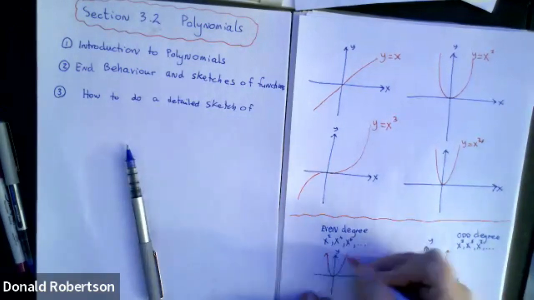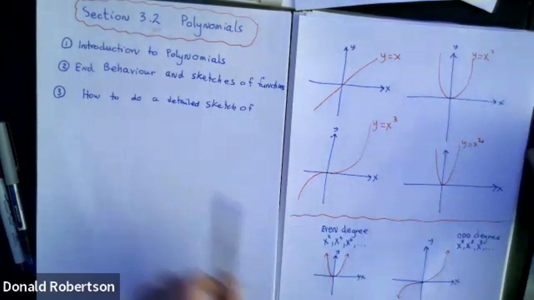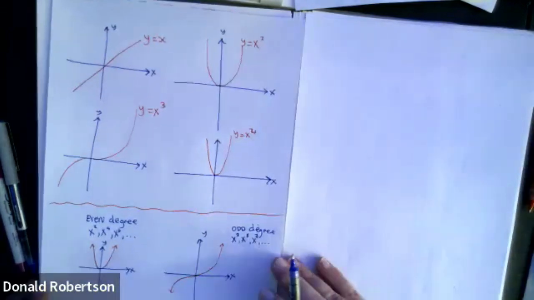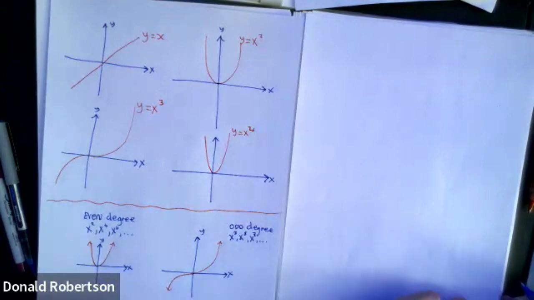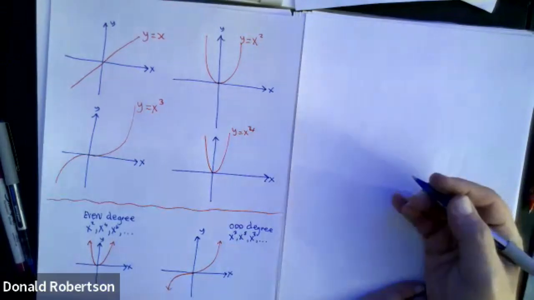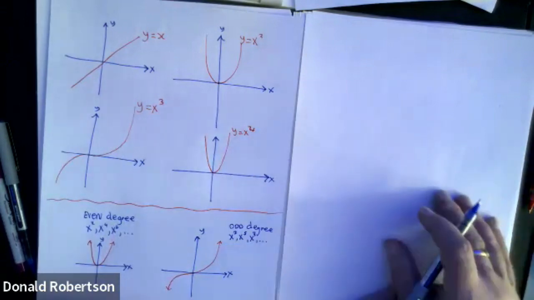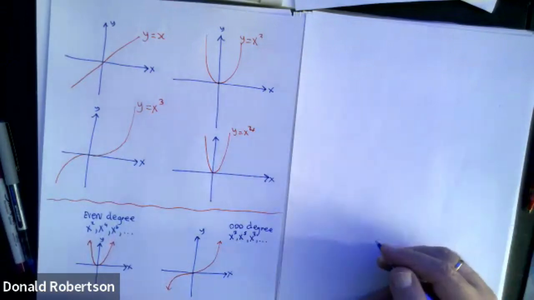So if I know the basic shape of a building block, it then means I can use our friend transformations to do very basic sketches of polynomials if they're written in a very specific form.